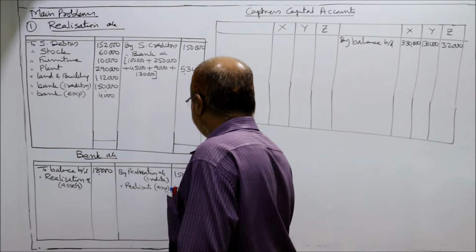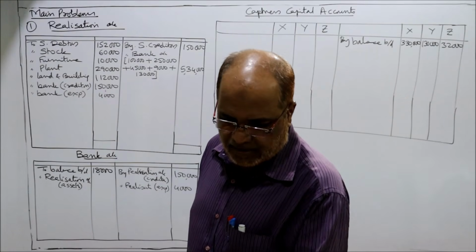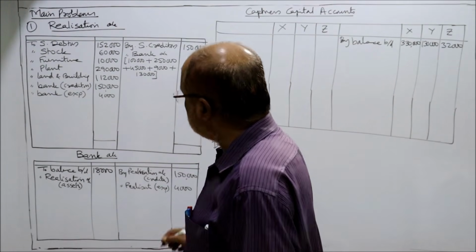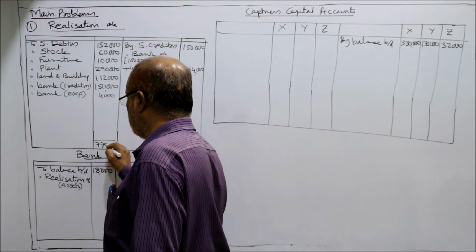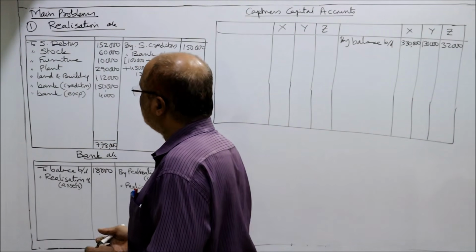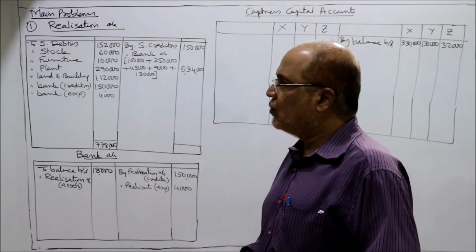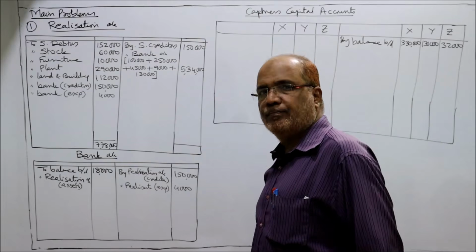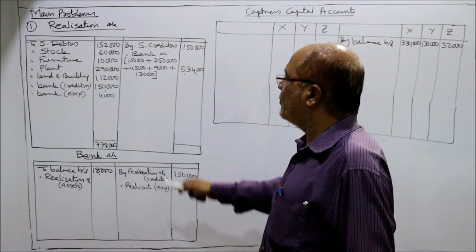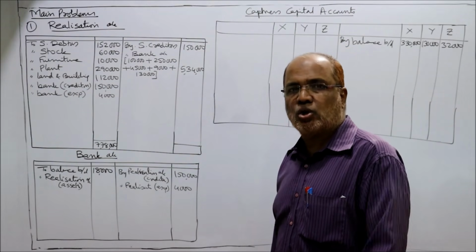Debit side. We have the debit side total 7,78,000. 7,78,000 is the total on the debit side. Whereas credit side is only 6,84,000. 6,84,000 is there on the credit side. It is short.